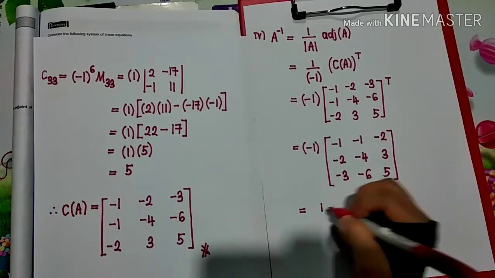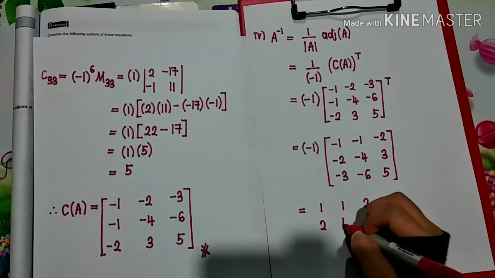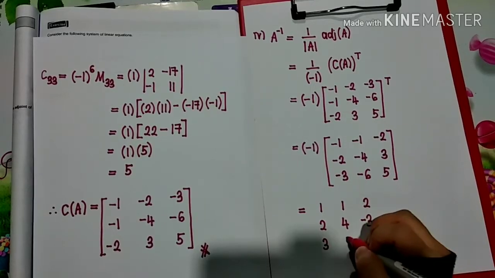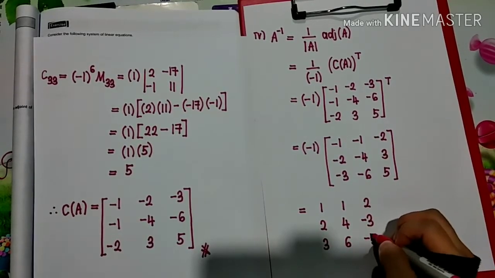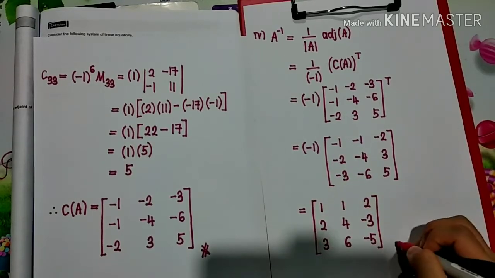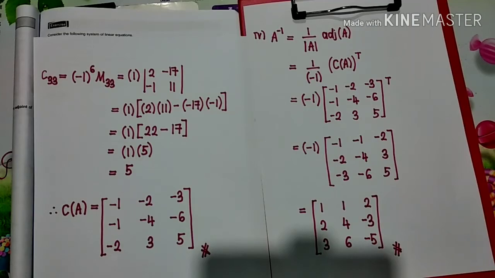So you will have here 1, 1, 2, 2, 4, negative 3, 3, 6, negative 5. So this one will be the answer for the inverse of A.